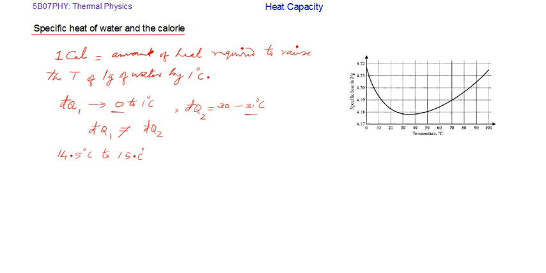They took an intermediate range, just like taking a mean temperature, so the definition was made specific. And this definition of calorie was named the 15 degree calorie.